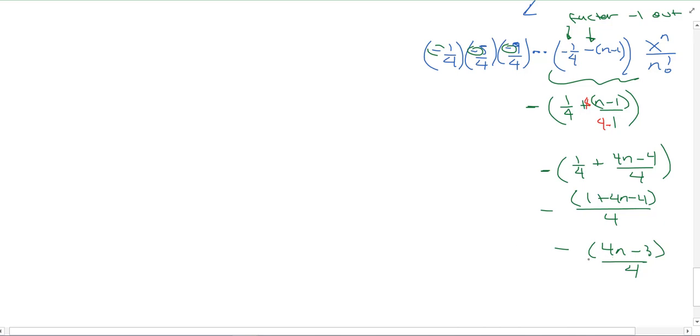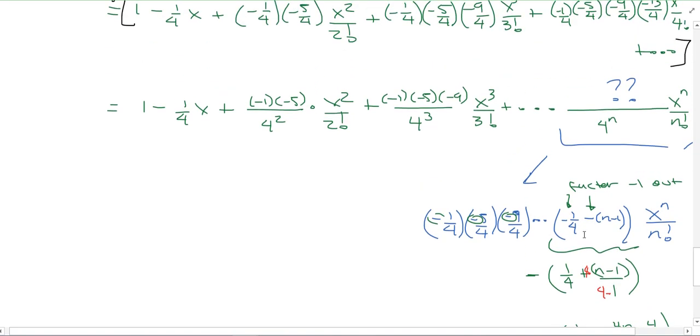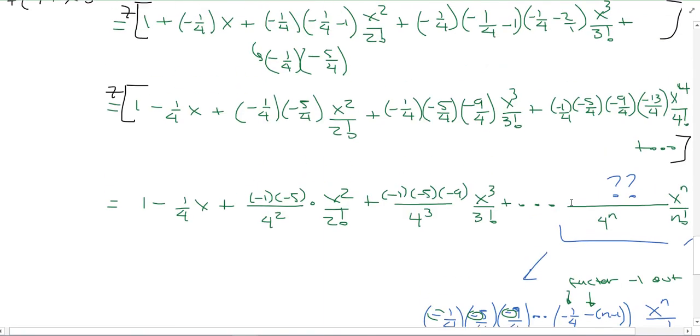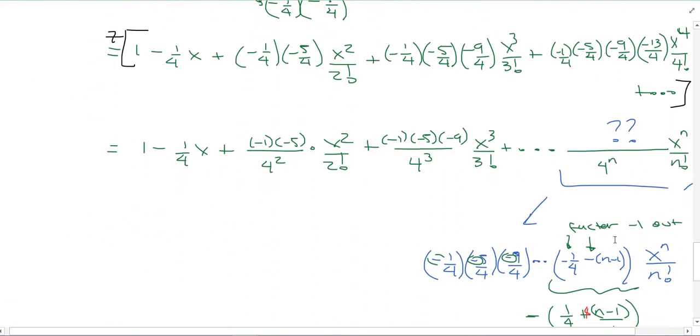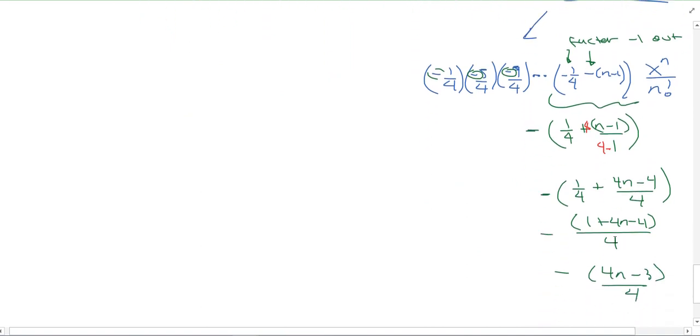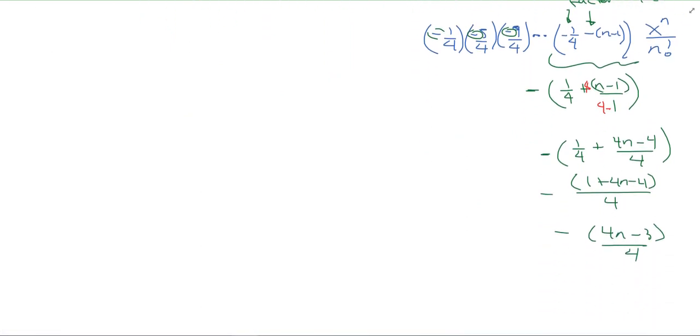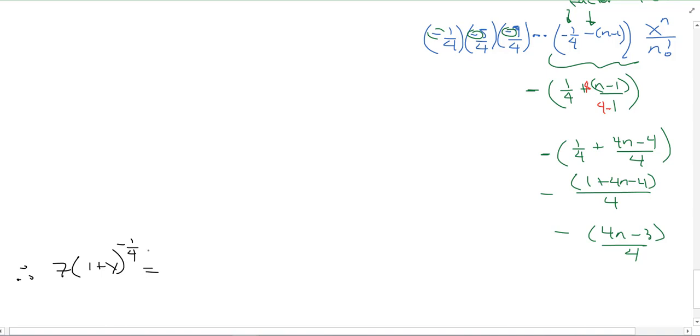So now that I know that coefficient, that's that p minus n minus 1. So that's this guy, p minus n minus 1. So now we can write it all together. So therefore, my 7 times (1 plus x) to the negative 1/4 is going to be equal to, let me give myself a little more room.